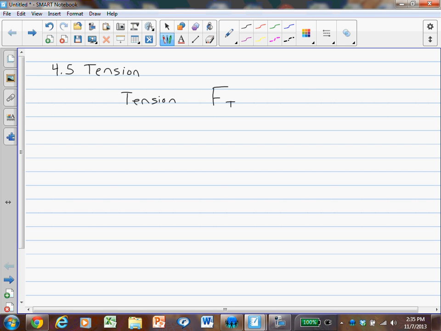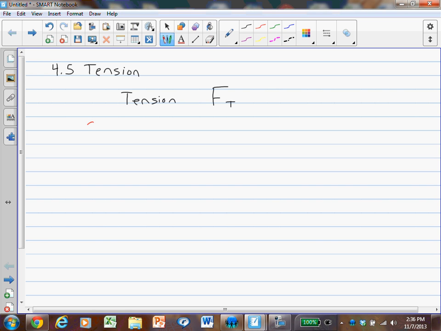We ignore the mass of the actual strings and assume that the value of the tension in the string is uniform throughout the whole length of it. So it's really just setting up free body diagrams, and then in some cases a whole lot of setting forces equal to each other and solving equations.